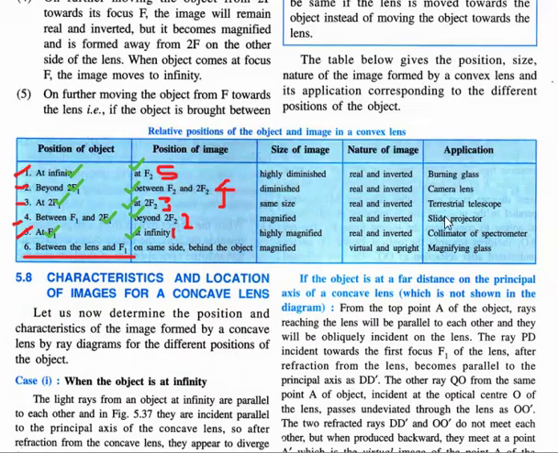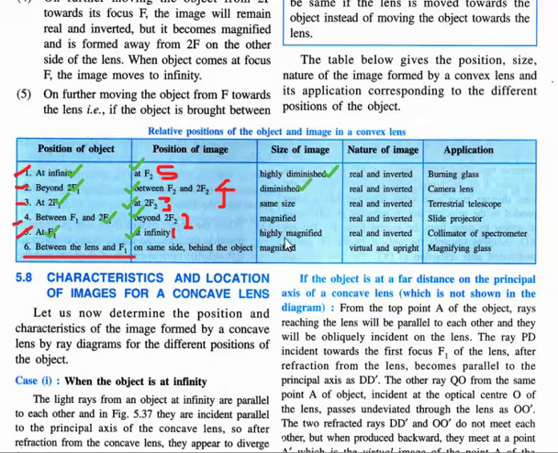Now the size of the image. At f2, the image is highly diminished. Between f2 and 2f2, diminished.